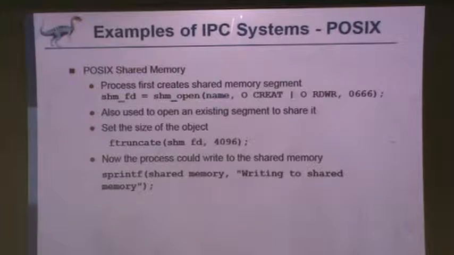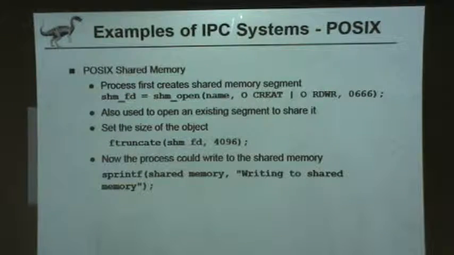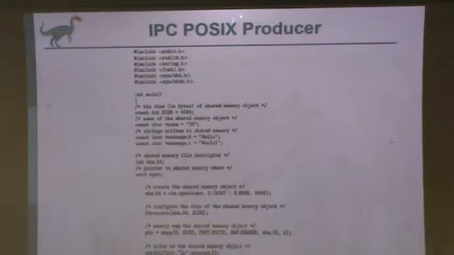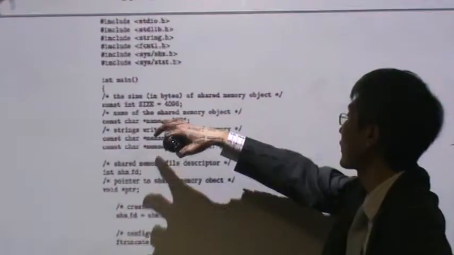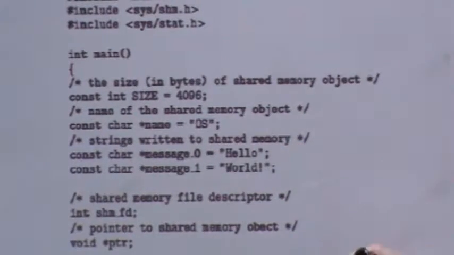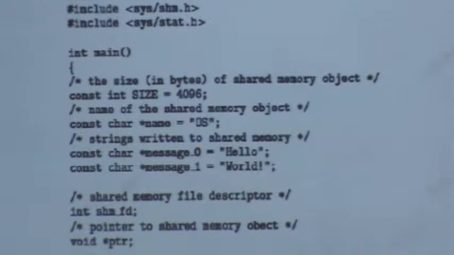When you create shared memory, it returns a file descriptor. It's the ID. So you can find the specific shared memory area using the shared memory file descriptor. This is an example of IPC using the POSIX standard. You can see we define the size of the memory, and these are examples of the message.